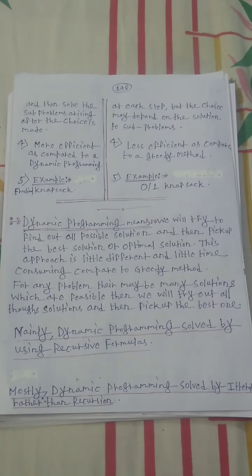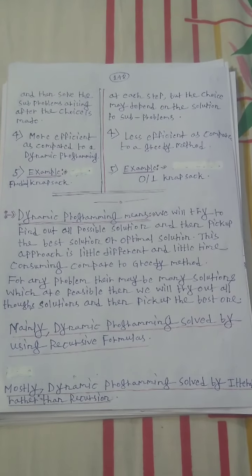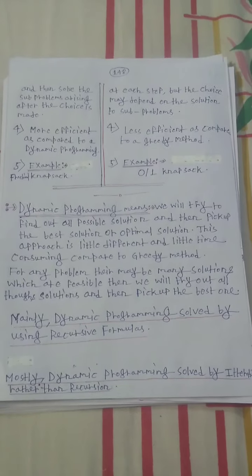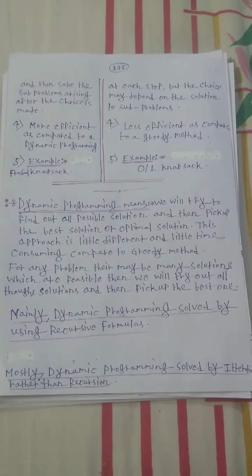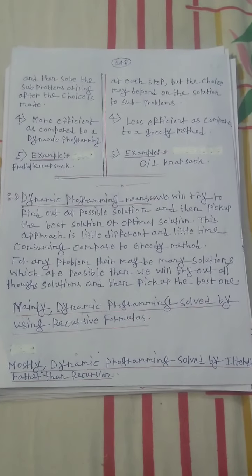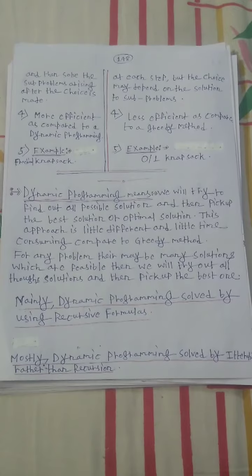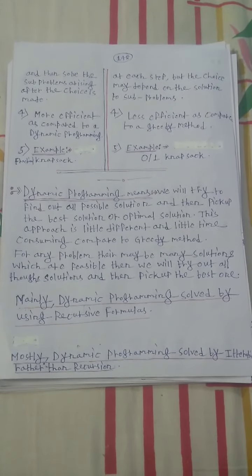Dynamic programming means we try to find all possible solutions and then pick the best or optimal solution. This approach is a little different and a little more time consuming compared to the greedy method. For any problem there may be many feasible solutions, so we try all of them and then pick the best one.